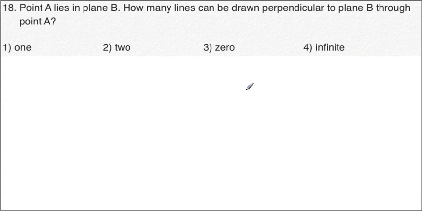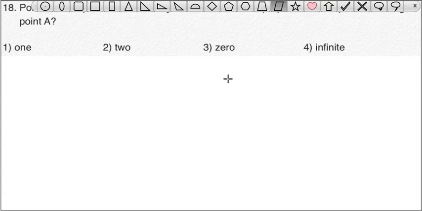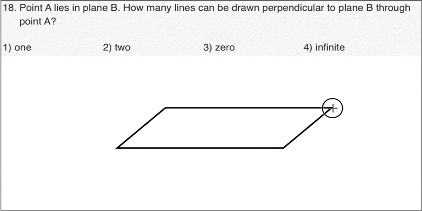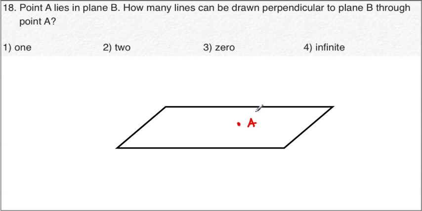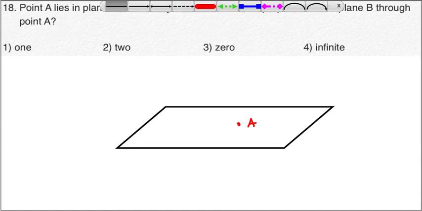Number 18. Point A lies in plane B. Now, as an example, let us say this is the plane, and this is point A. But the line has to be perpendicular to this plane through that point.